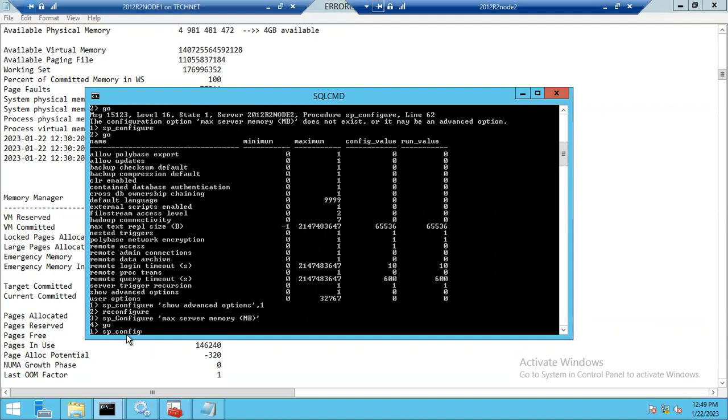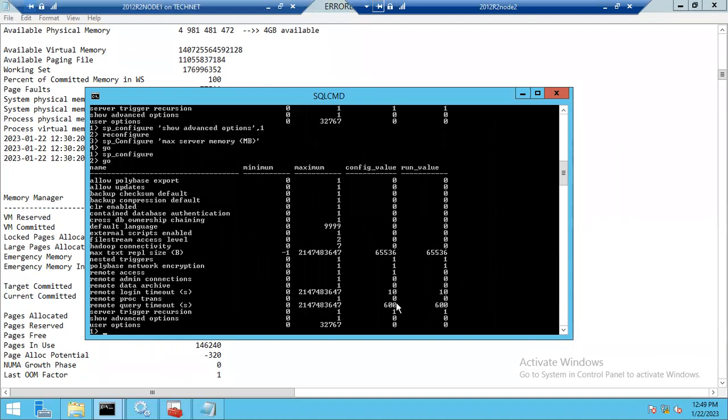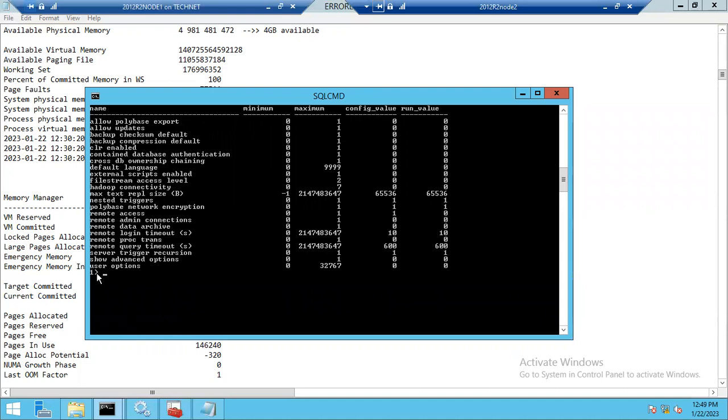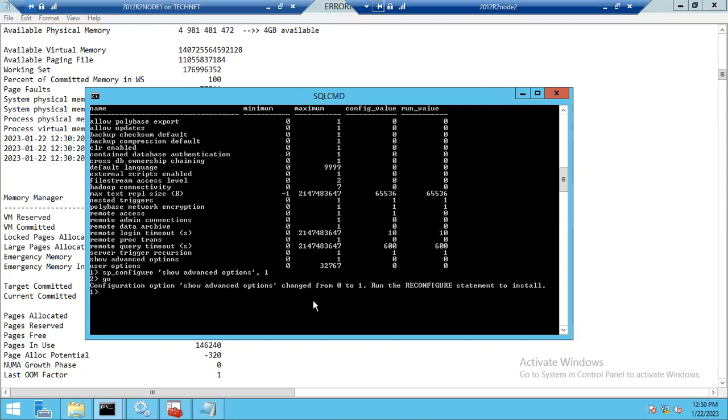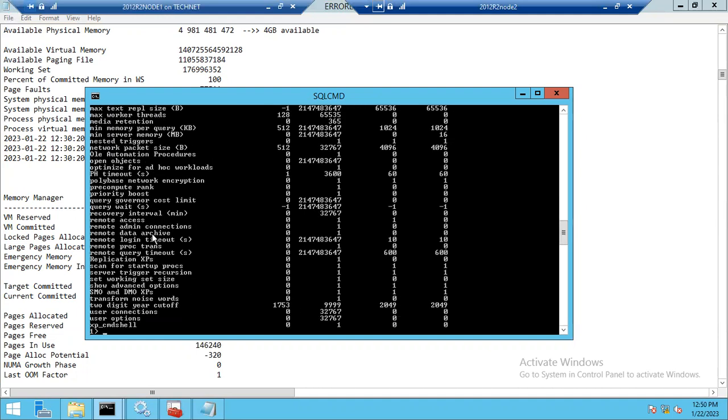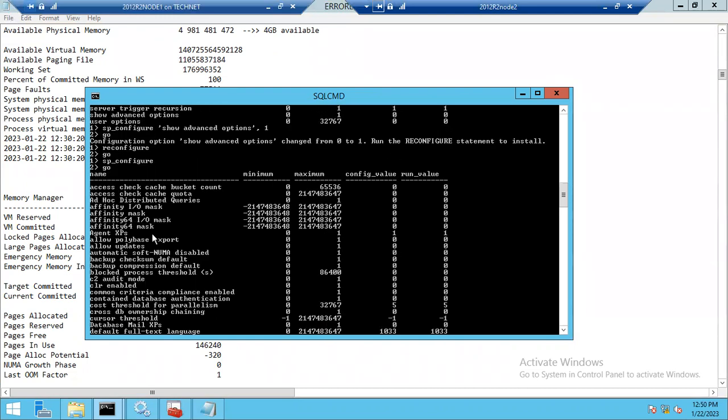Okay, sp_configure show advanced option comma 1, go. Reconfigure, go. sp_configure, go. Okay, so now you should see all the options, because for some reason the advanced option had been disabled.